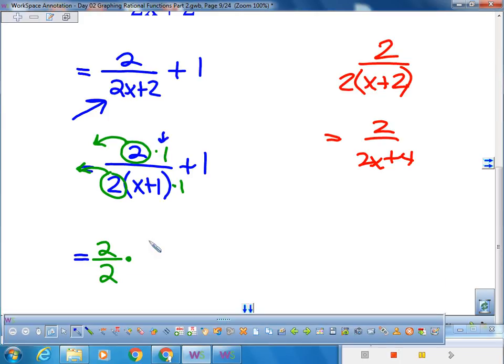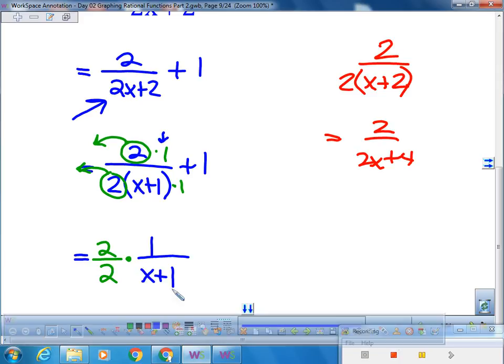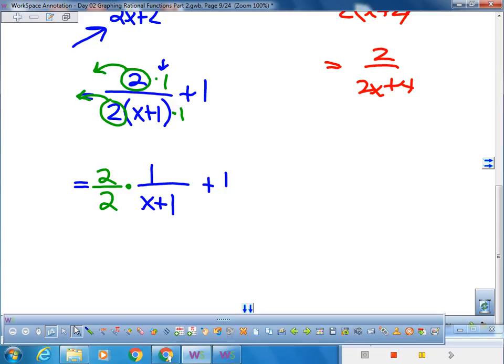Left with a 1 in the numerator, and I'm left with an x plus 1 in the denominator. And some of you simplified it even more, because 2 over 2 is really 1. So really all I needed was this. Because a 1 times anything is just itself.